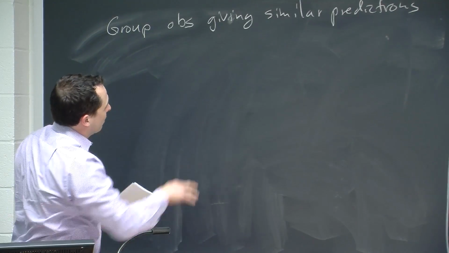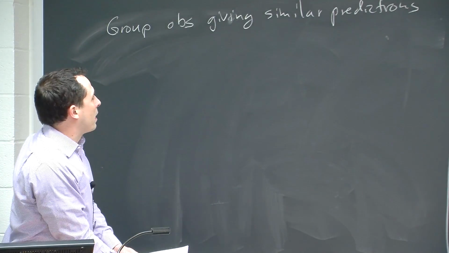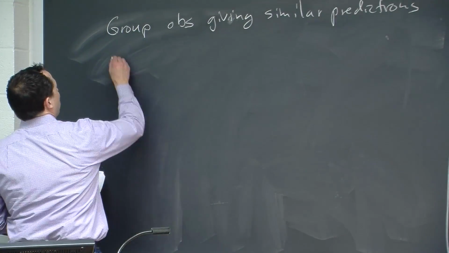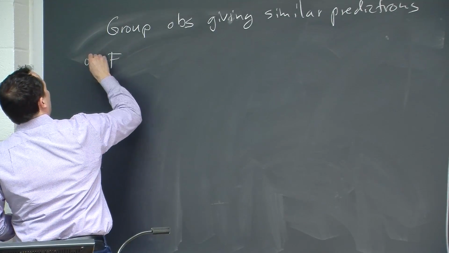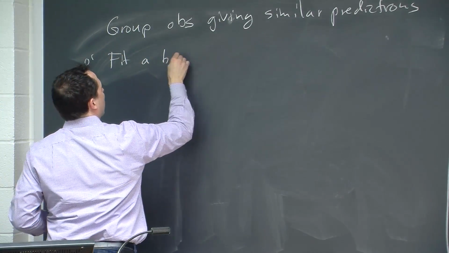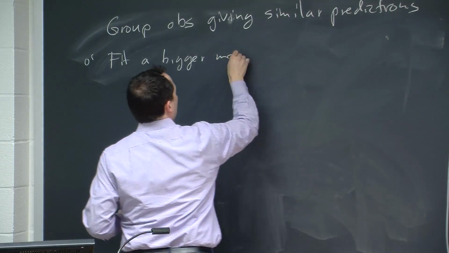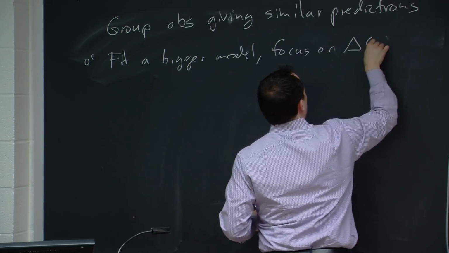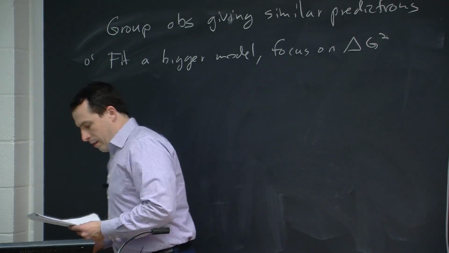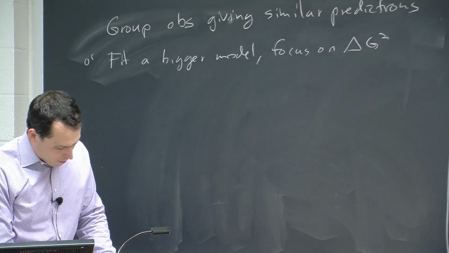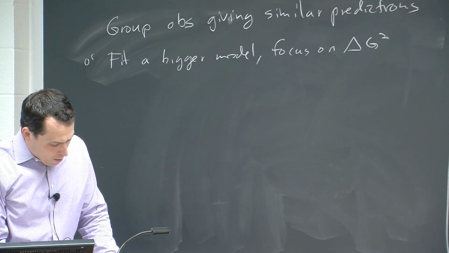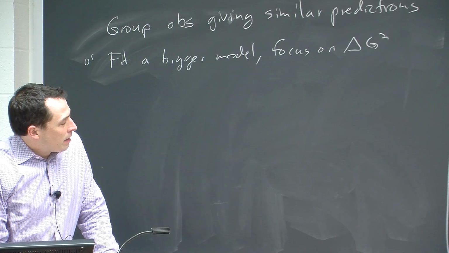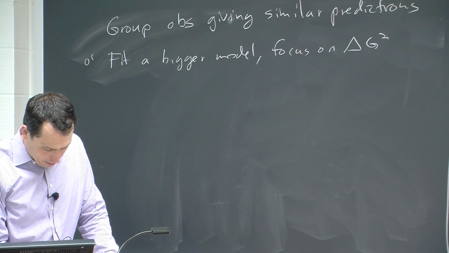And of course, this is still fairly simulation instead of theory-based. And the other thing we can do is to fit a bigger model and focus on the changes in G squared, which are still reasonably well behaved. And here, if you do the Hosmer-Lemeshow with something like 8 groups, it gives a reasonably good fit.